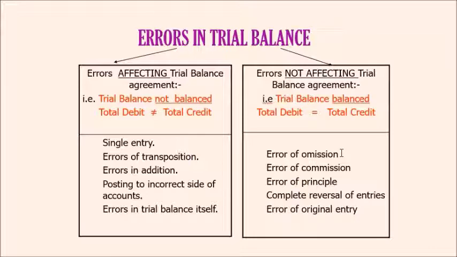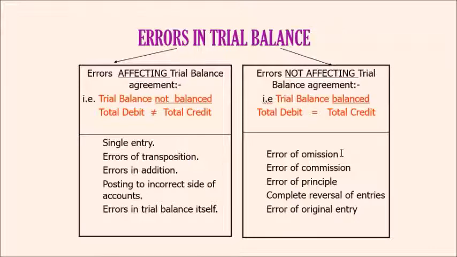And the next one is complete reversal of entry, when the amount and the account are correct, but each item is shown on the wrong side of the account, which means you record it in its abnormal place. The debit is put on the credit side, while the credit is put on the debit side.